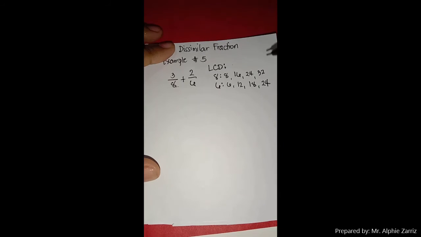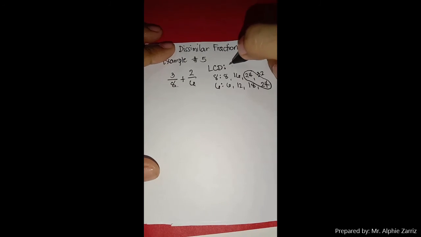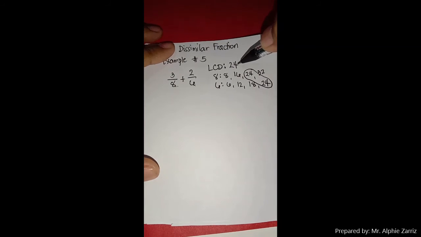So, kung mapapansin nyo, meron na tayong least common na number. So, this will become our LCD or least common denominator. So, kaya siya tinawag na denominator because itong number na 24, this will become our new denominator.